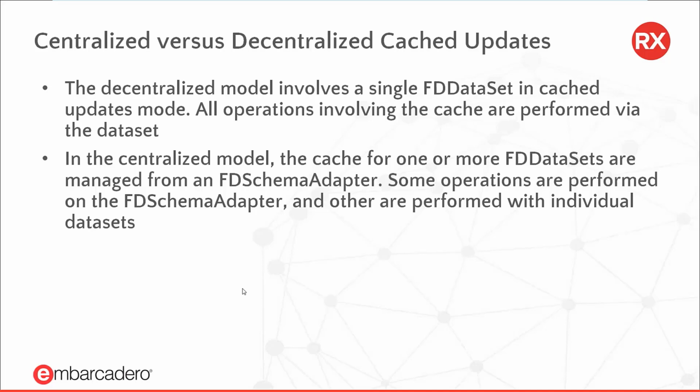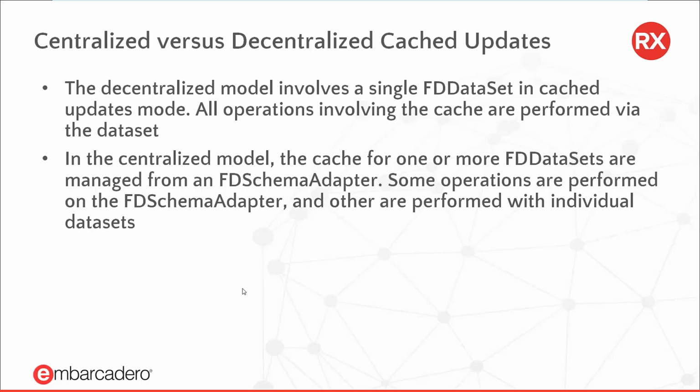In the centralized model, you can have one or more FireDAC data sets, and then apply them all in one transaction. And the interesting thing about the centralized is FireDAC is very explicit. It keeps track of the order in which your records were posted into cache, and it will preserve and represent that order when it's applying the updates.